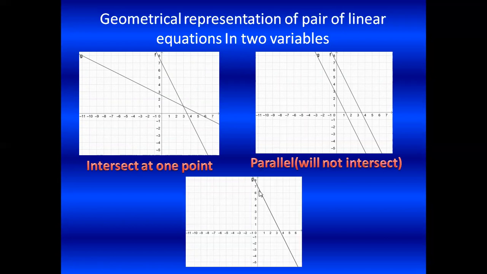Here you cannot see two lines because one line is above the other. So that means they coincide. If we draw the graph of linear equations in two variables, they intersect at one point, or they are parallel, or they are coincident.